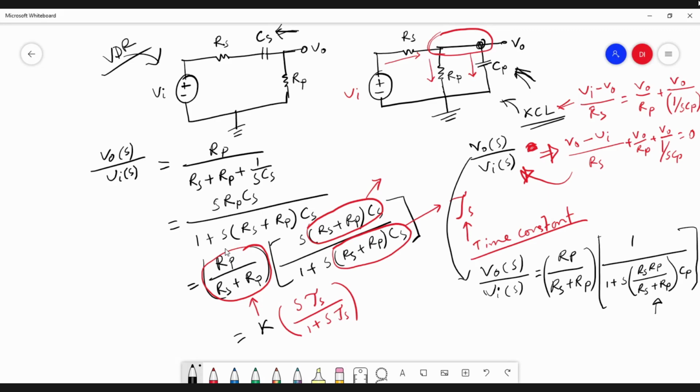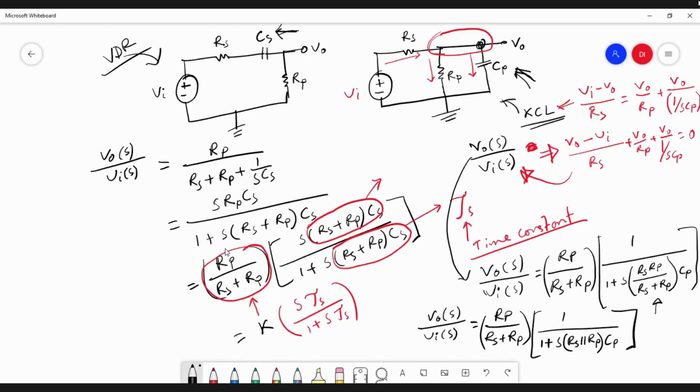So we can further reduce this one: Vo(s) by Vi(s) equals Rp by Rs plus Rp, and this one we can reduce to 1 over 1 plus s multiplied by Rs parallel Rp, Cp, and this term is s into Rs parallel Rp into Cp.